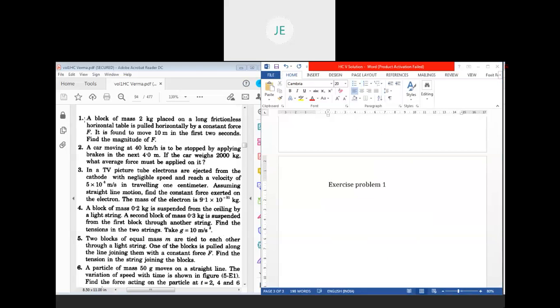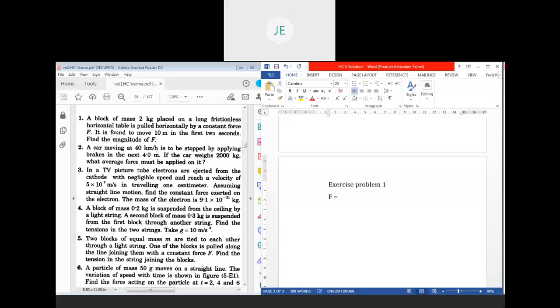Problem 1. A block of mass 2 kg placed on a long frictionless horizontal table is pulled horizontally by a constant force F. It is found to move 10 meters in the first 2 seconds. Find the magnitude of the force.